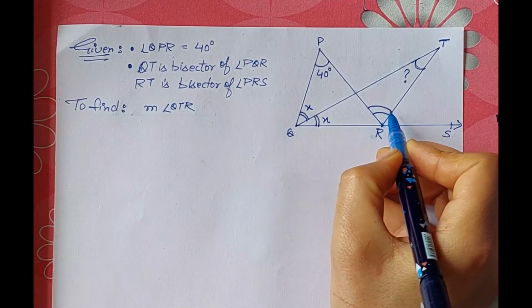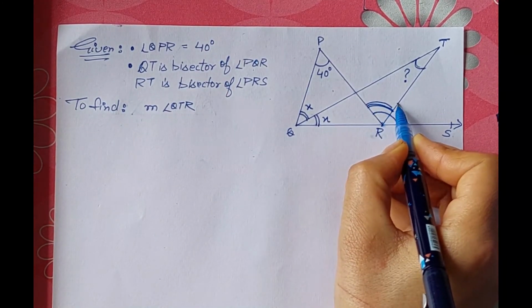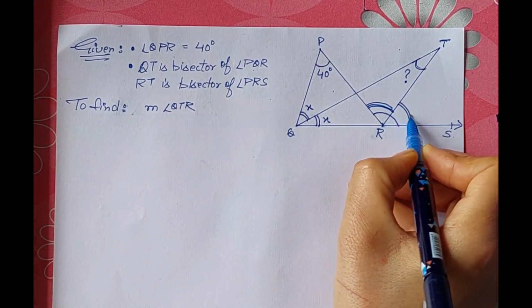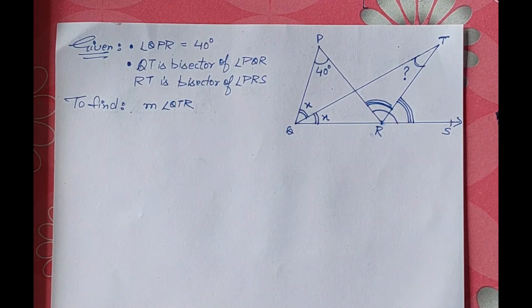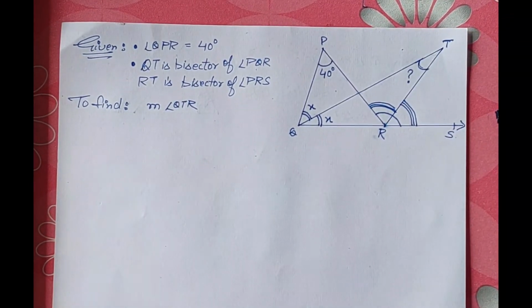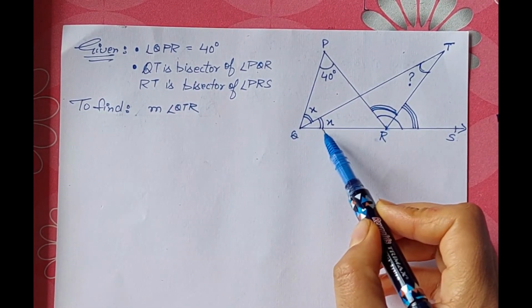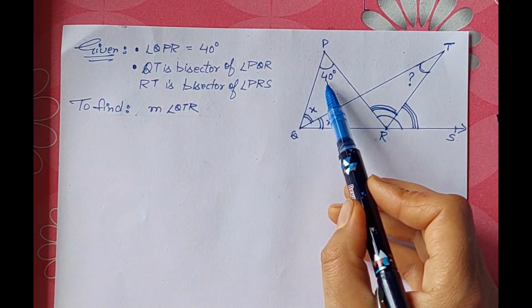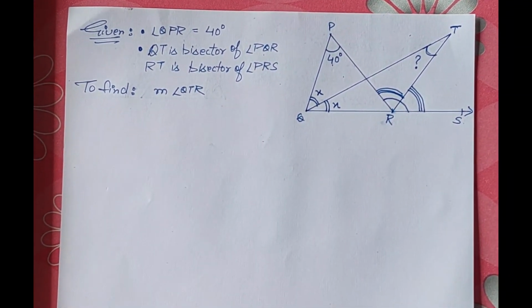That means it divides this angle into two equal parts. One part is this and the other part is this. You can call them Y, but let's not introduce one more variable when we can work with X only. Yes, this is 40 degrees and this is X plus X.